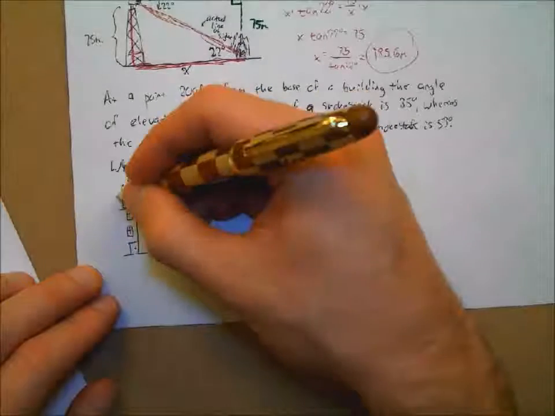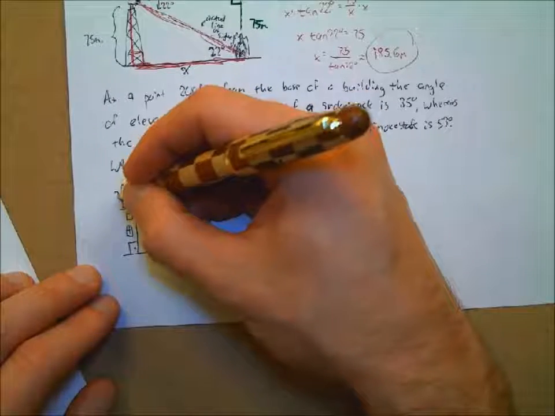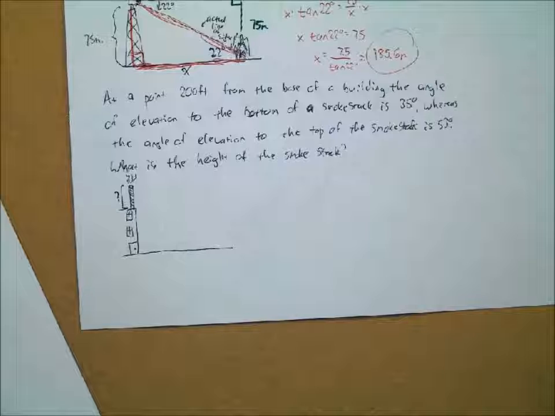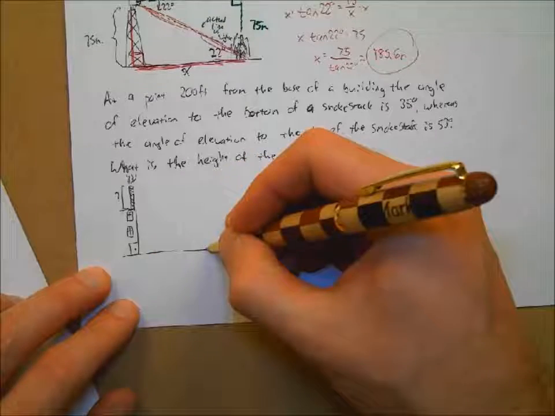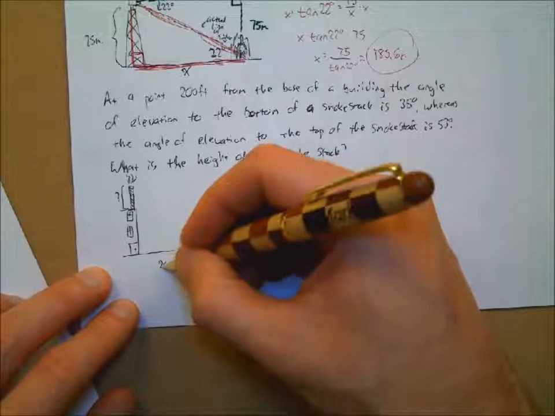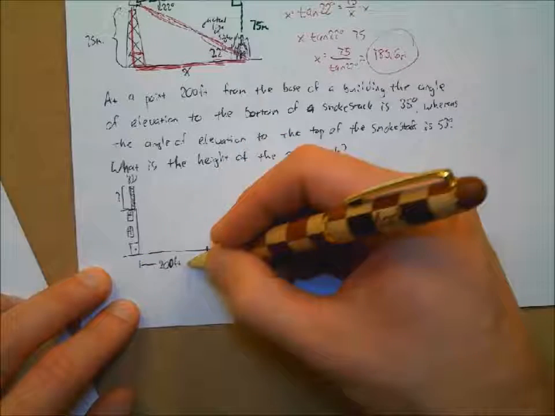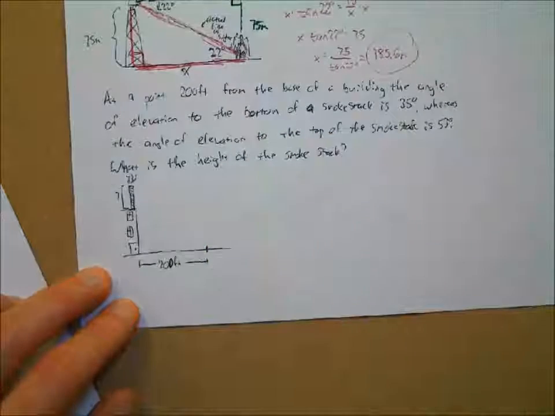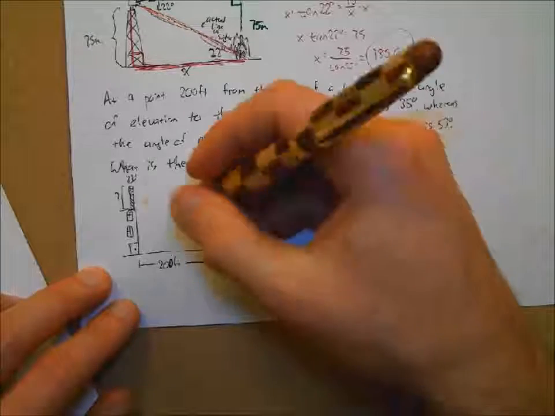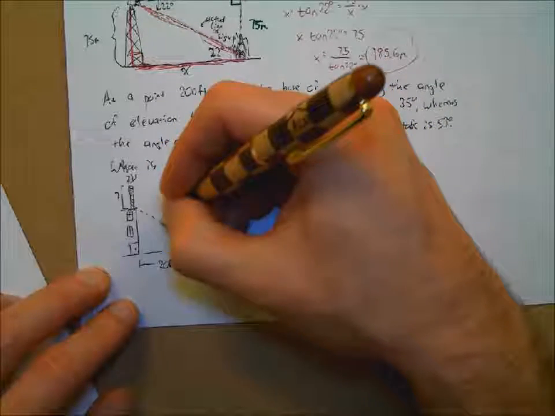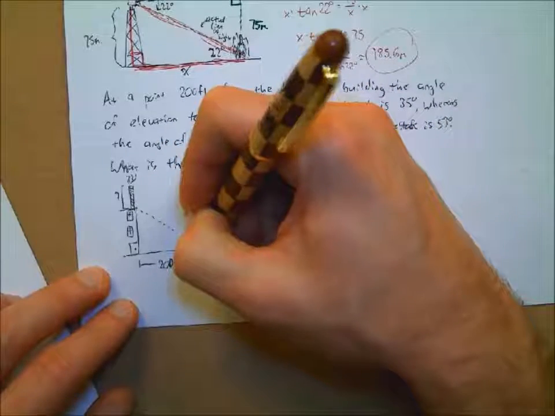Just the height of the smokestack, not the building, just the height of the smokestack. Okay, we have an observer 200 feet from the factory there. We'll say it's from the ground level, I guess, there too.